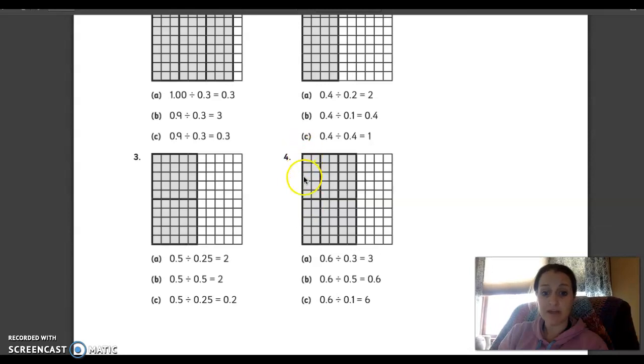And let's see how many groups they divided that into. 1, 2, 3, 4, 5, 6. So our answer is going to be 6 because they took this and divided it into 6 parts. Which means that our answer for number 4 is C.